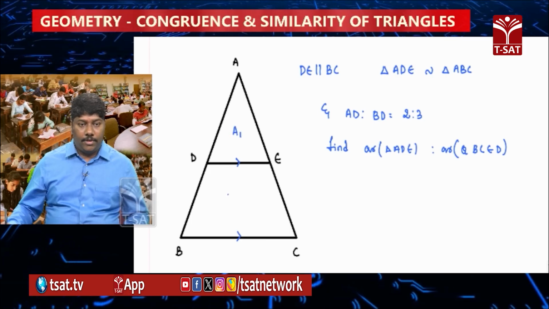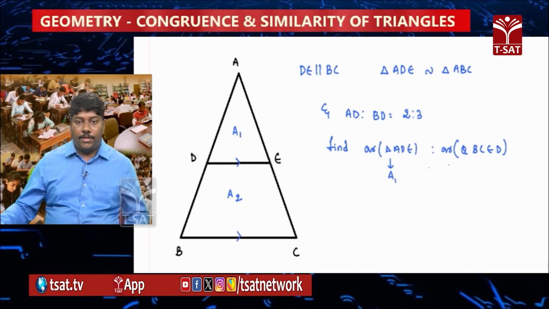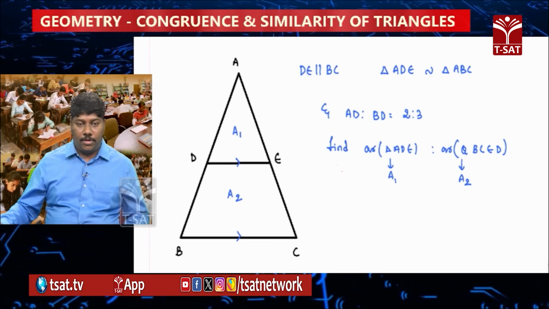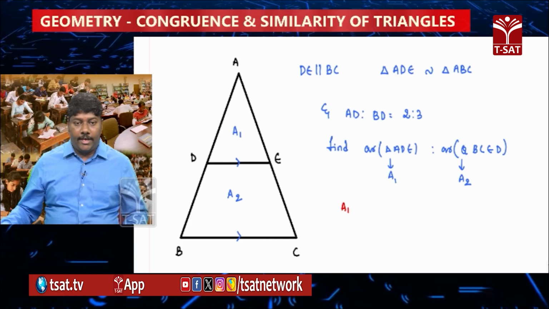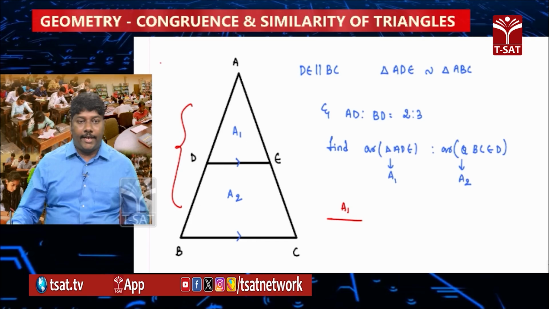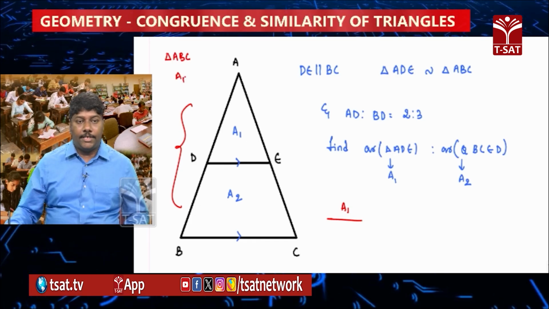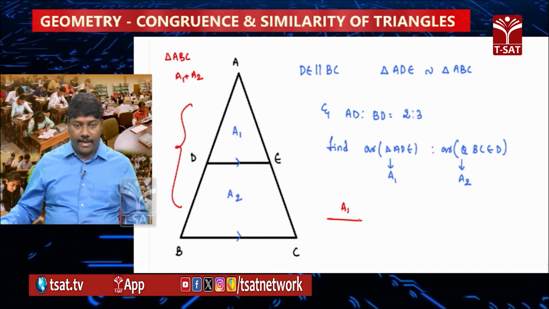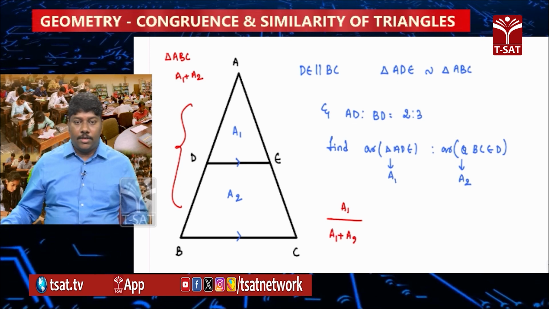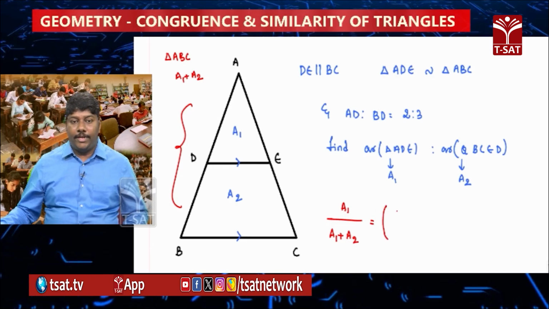Now see, assume that this is area 1, this is area 2. Now as we know, area 1 is a smaller triangle, area 2 is a quadrilateral. So what is the bigger triangle area? The whole triangle ABC becomes area 1 plus area 2. So the small triangle is area 1, the bigger triangle is area 1 plus area 2. Ratio of their areas, ratio of their sides.